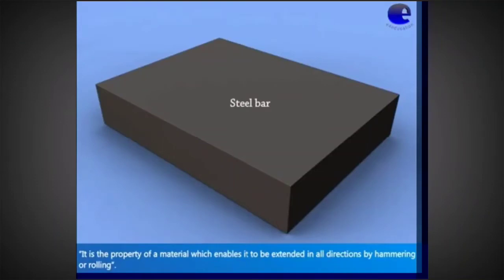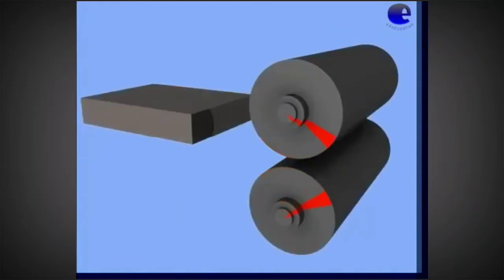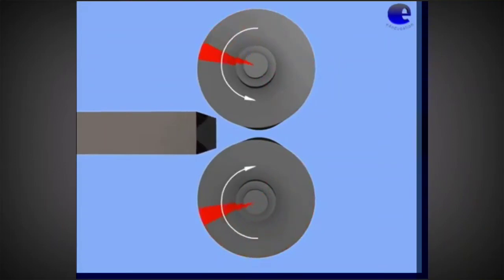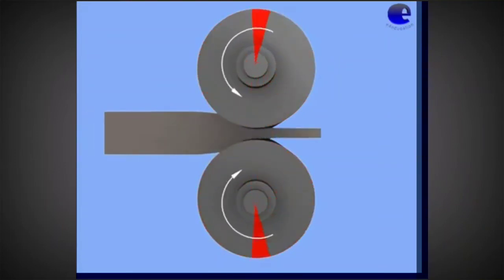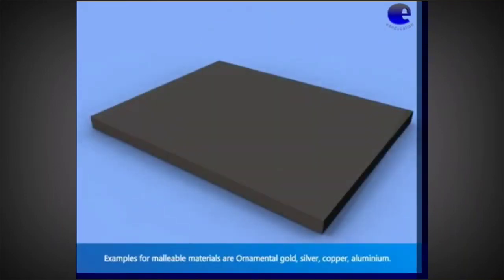It is the property of a material which enables it to be extended in all directions by hammering or rolling. Examples of malleable materials are ornamental gold, silver, copper, and aluminum.